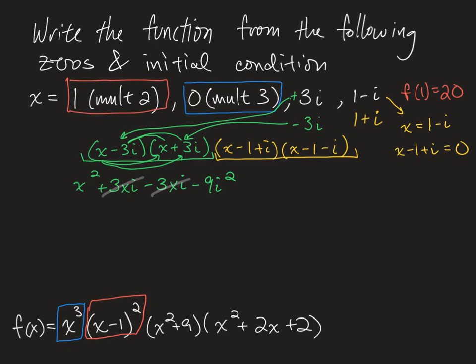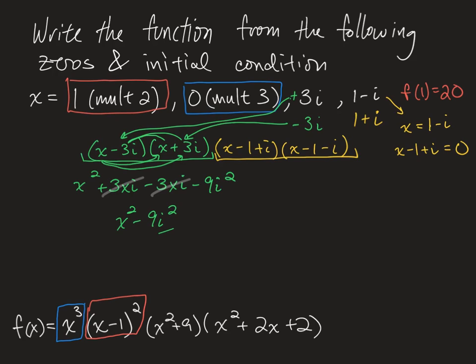The problem here is there's still an i in our expression, in our factor. You can't have i. So I'm not going to write this down, but please write it down yourself: i squared is equal to negative 1.